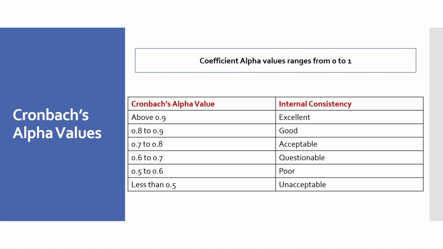For measuring internal consistency of items or statements of a construct, we calculate Cronbach alpha values, and these values lie from 0 to 1.